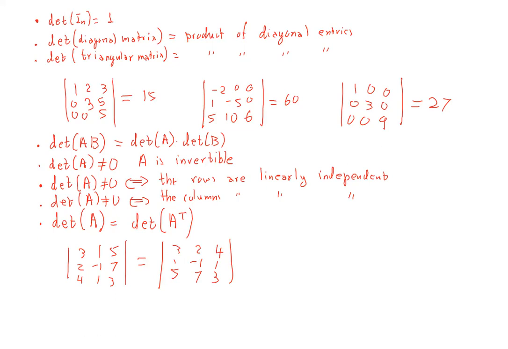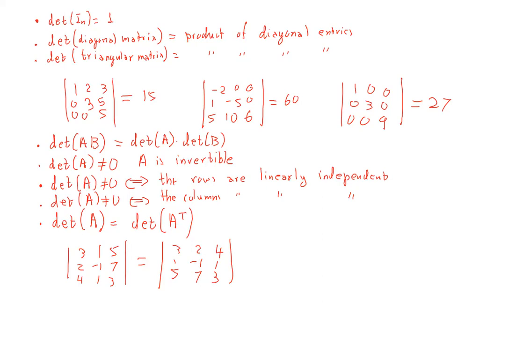If you have a square matrix and you consider its transpose, what is the transpose of a matrix? It's the matrix that has as rows the columns of the original matrix, or as columns the rows of the original matrix.